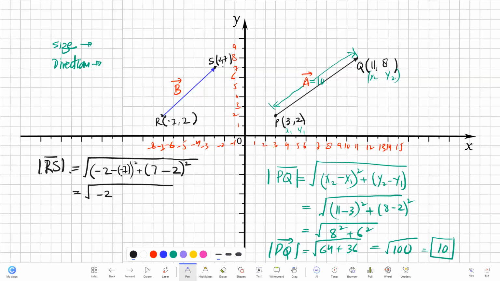And that's going to be plus 5 squared plus 5 squared. So square root of 50. You're not going to leave this as square root of 50. You can say it's 5 times square root of 2.